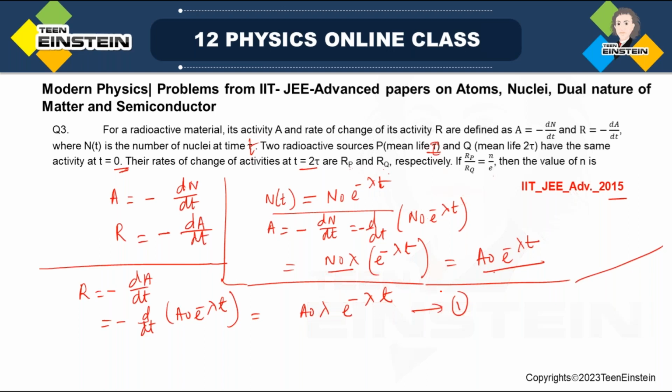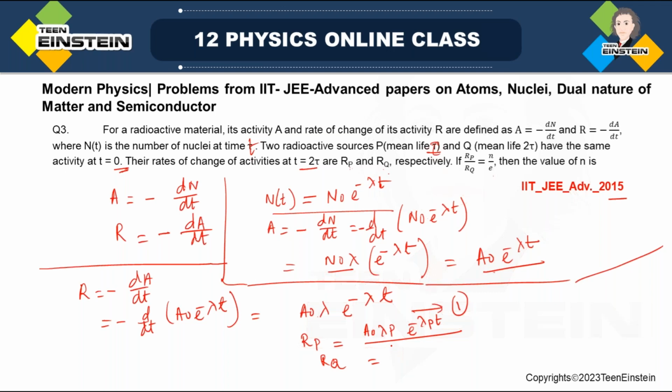Now, what is given? What we know actually is Rp and Rq. Let us write what Rp is. We can write Rp as A0 lambda p e to the power minus lambda p into t. Another one is Rq.